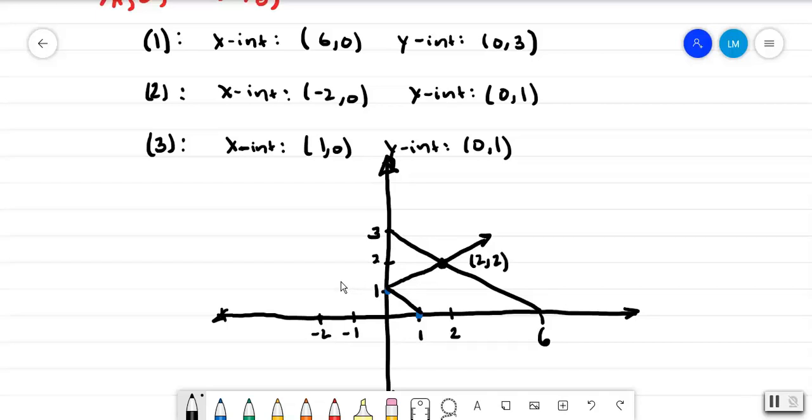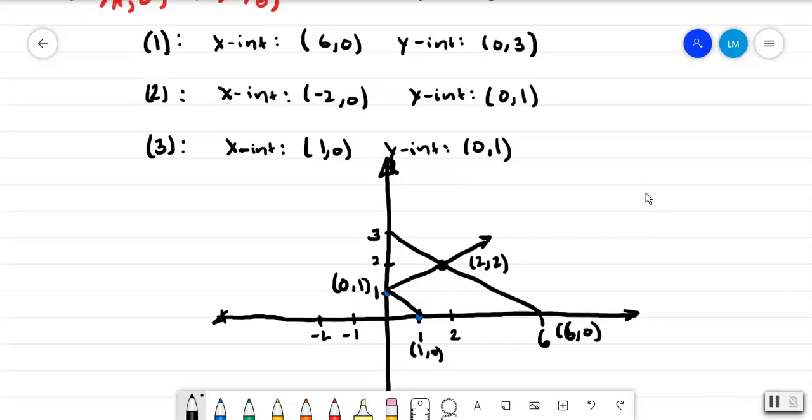And there is also a point of intersection right there at 0, comma 1. Then we have this ordered pair right here, 1, comma 0, and over here we have 6, comma 0. We do have 0, comma 3, but I'm not going to notate it because there's a specific reason why.